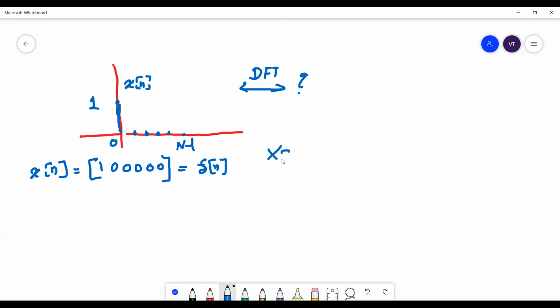So X of k is equal to sigma of delta of n into W_N raised to nk. So what is this equal to?